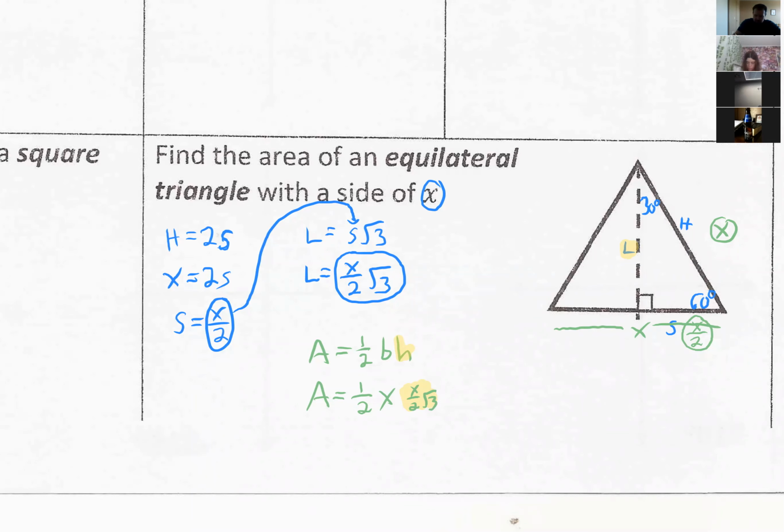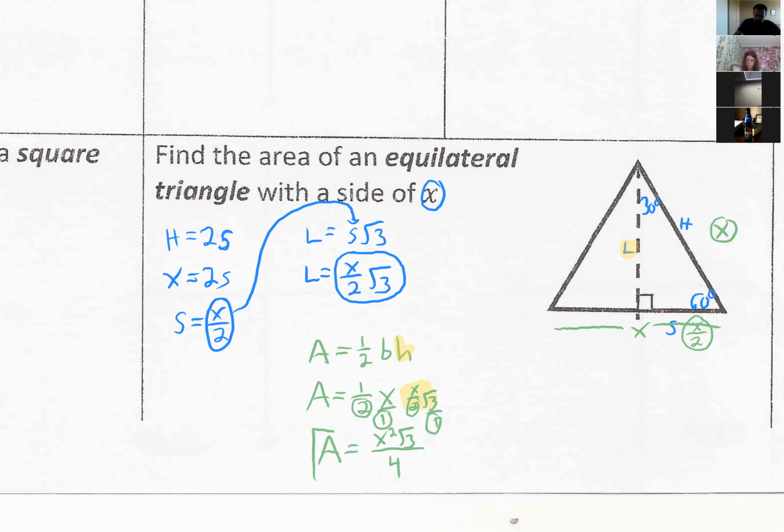So it's going to equal, when you simplify this, you can put x over 1 times square root of 3 over 1. So when you multiply all the numerators, 1 times x is x squared, and then you have radical 3 in the numerator. When you multiply all the denominators, you get 2 times 1 times 2 times 1. That'll give you 4.